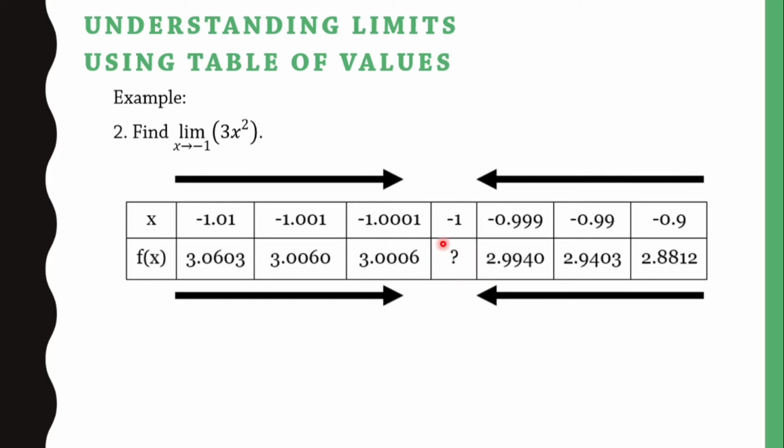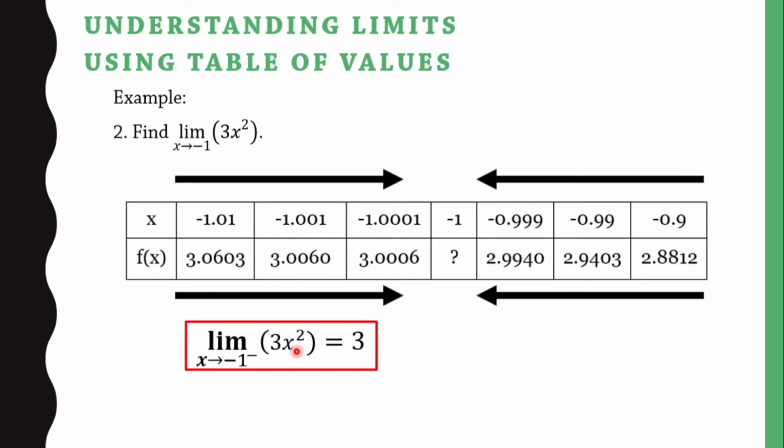That value is 3. So we say that the limit of 3x squared as x gets closer to negative 1 from the left, so we see here the negative sign above negative 1, is 3.